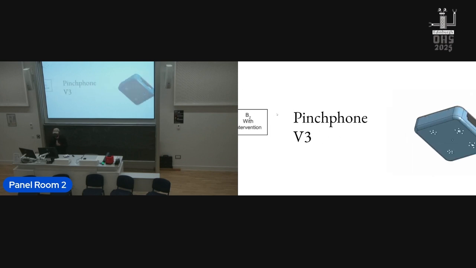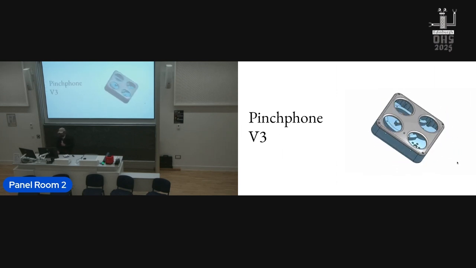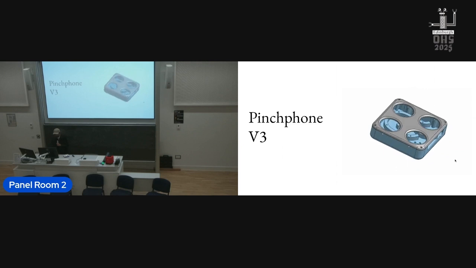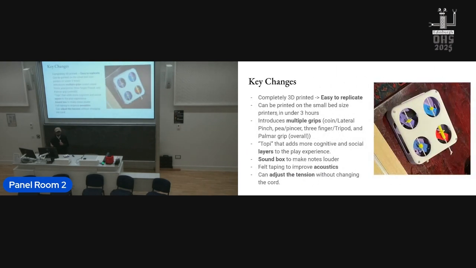So what I did was I designed another version which is made in 3D printed plastic, and it can be easily made in any, even the smallest Bambu Lab printer. So it prints in about 3 hours, and it has more grips than before. There is something called a coin grip, which is called a lateral pinch, which is over here.